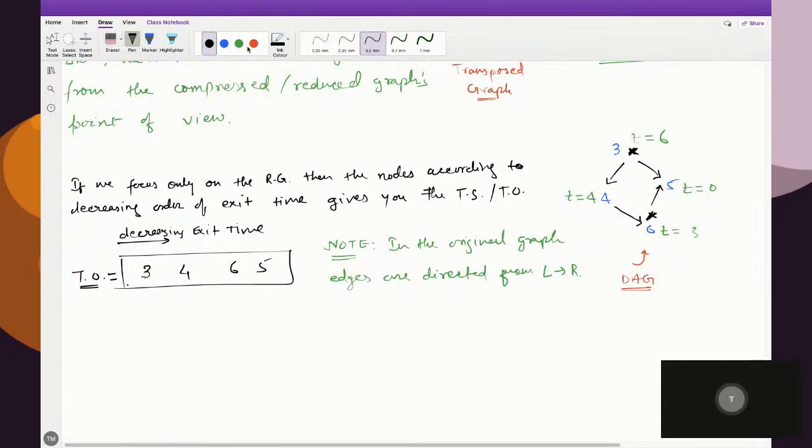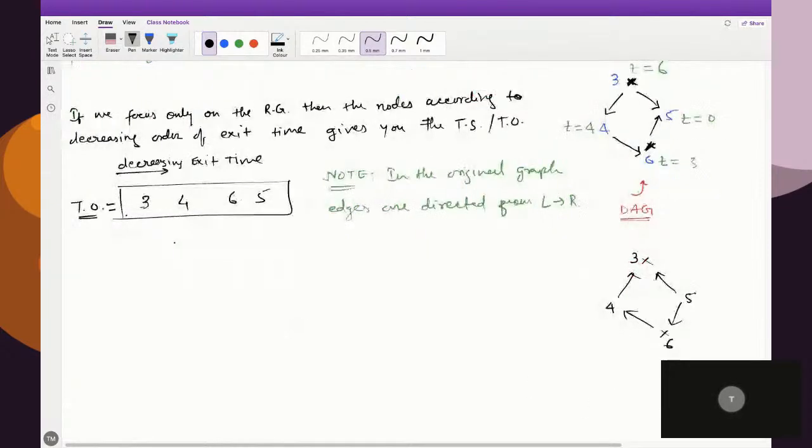Now when we reverse the edges in this graph, what happens? It looks like this, and this is of course node number 3, 4, 5, 6. Now in the reversed graph, the topological ordering has edges only in the form of right to left, right? Because you have reversed the graph. So only edges like this are there.